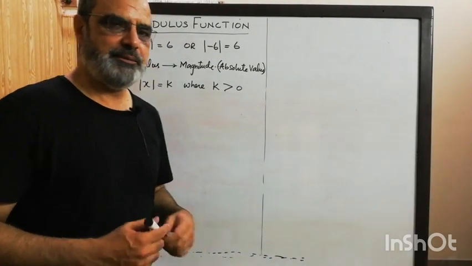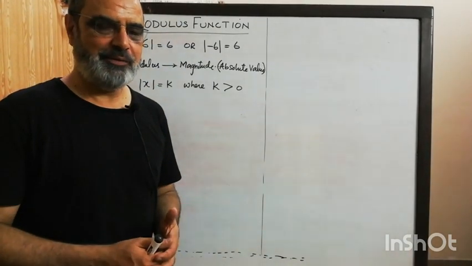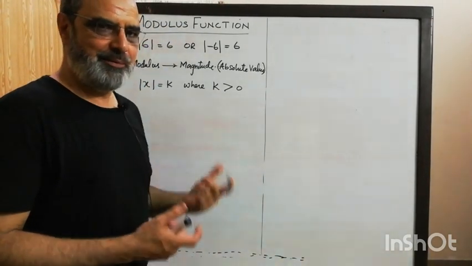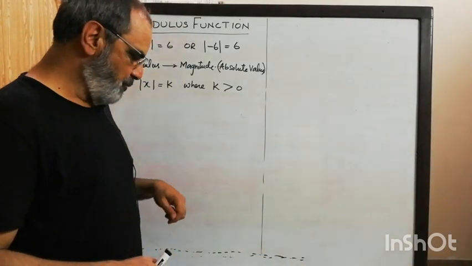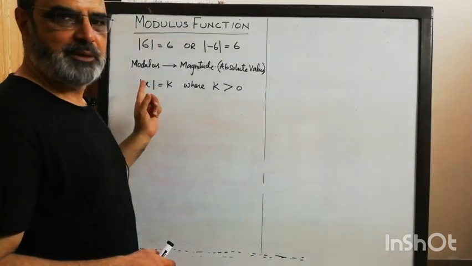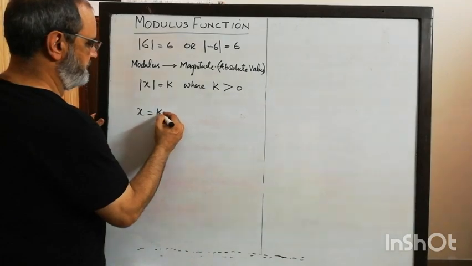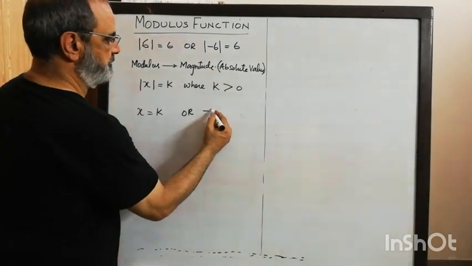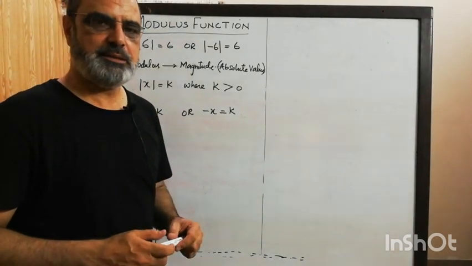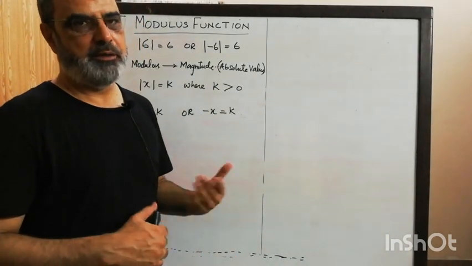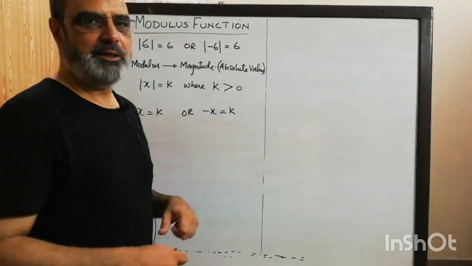As we know, this x could be a positive or a negative number. We are considering a variable x, it could be negative or positive. When we remove this modulus, we are supposed to write positive x is equal to k or negative x is equal to k, since we are not sure whether x is positive or negative.